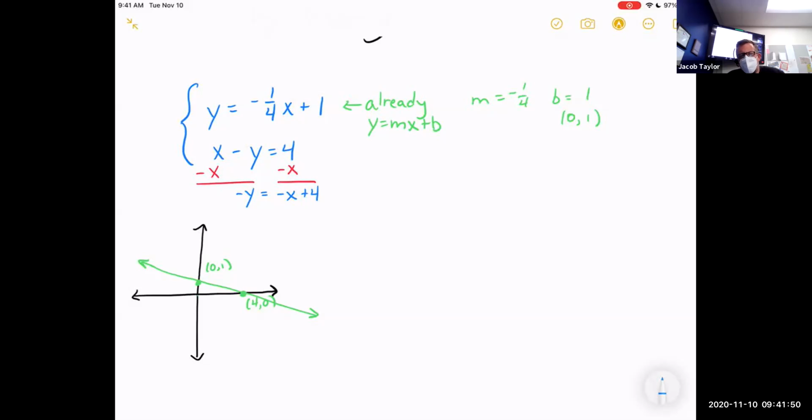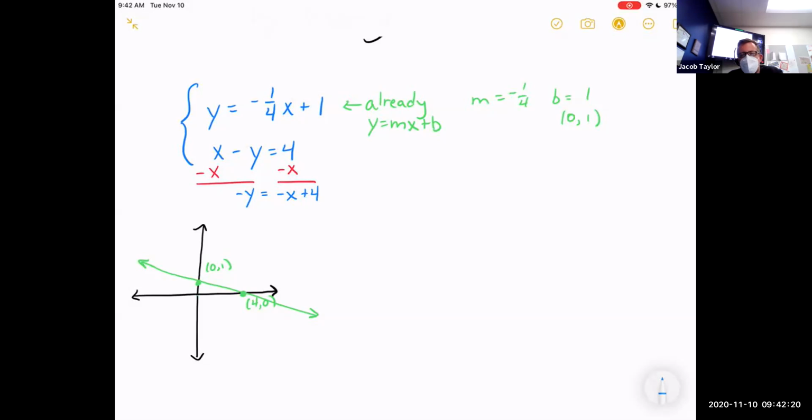This is almost in slope-intercept form. What's the one thing that is keeping this from being in slope-intercept form? Why is this not in slope-intercept form right now? Slope-intercept form must be y equals mx plus b. Is that what this looks like? Why not? Oh, I disagree. The slope right now looks like it's negative 1, right?